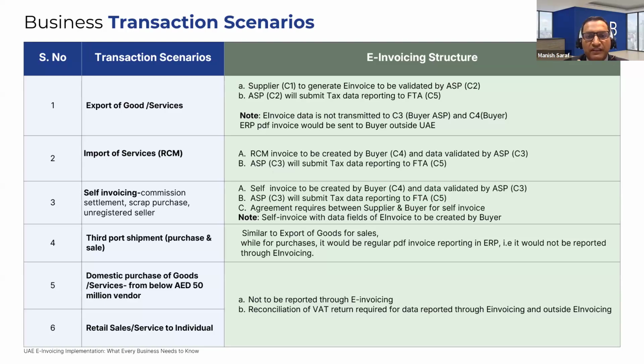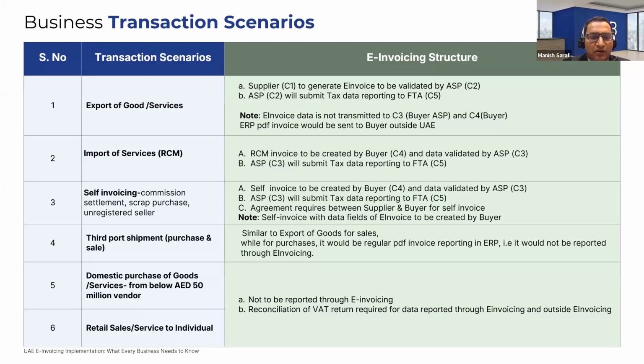You being the supplier C1, you will generate an invoice validated by the ASP, and that ASP will do the tax data reporting to the FTA, that is C5. So in the third port shipment also, though there is no procurement or purchases being captured through the invoicing platform, your outward invoicing to Saudi will be generated through the e-invoicing platform, validated by the ASP and communicated to the FTA.